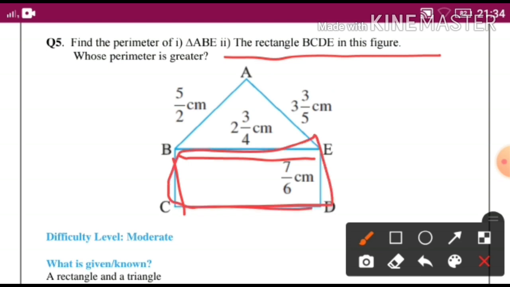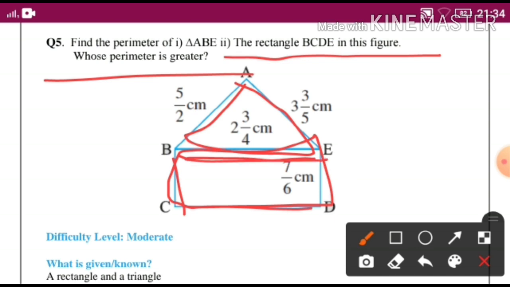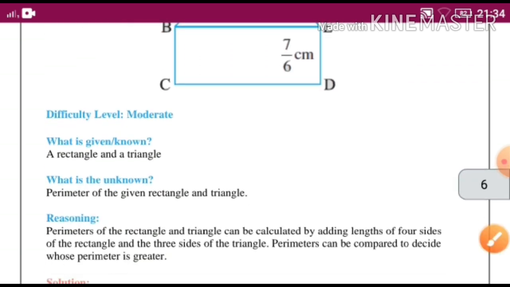By finding the perimeter of both of them, we have to find out whose perimeter is greater. So first we find the perimeter of triangle ABE, and then the perimeter of rectangle BCDE. Then we find which perimeter is greater. Understood?